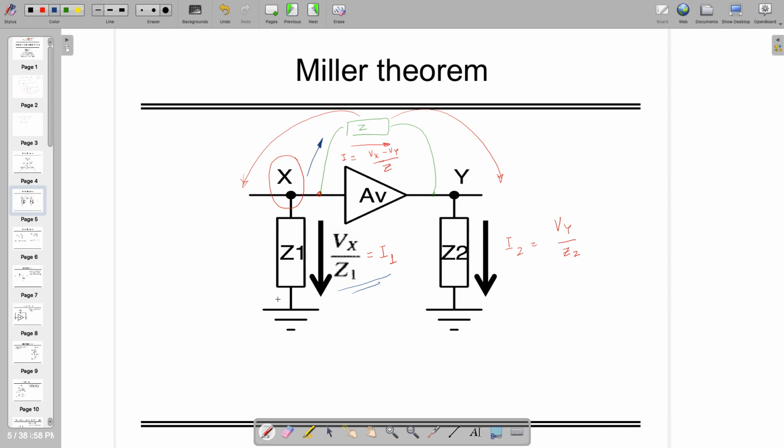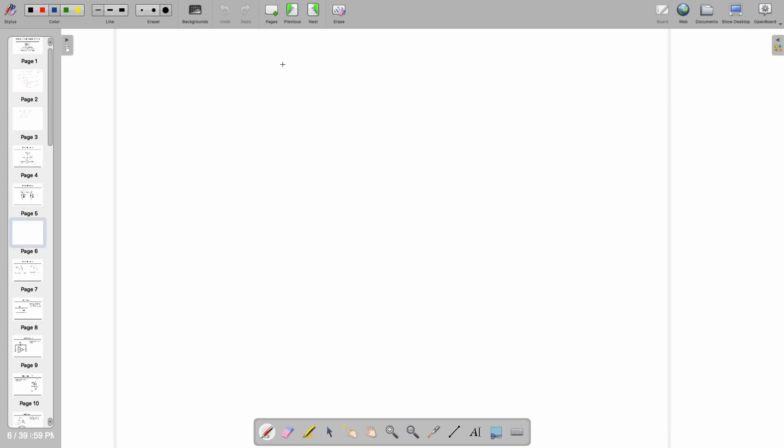By the way, this is an assumption. This current might be changing a bit depending on the impedances. So here we can see that Vx minus Vy divided by Z is equal to Vx divided by Z1 from the first equation.